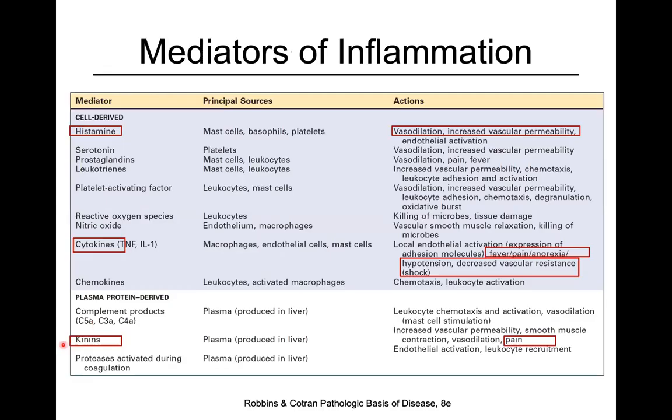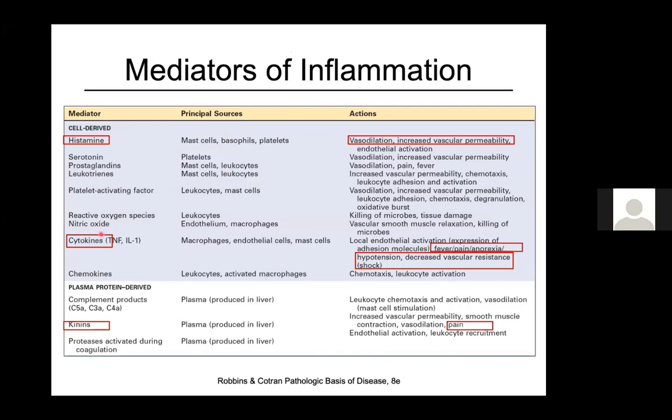So this table was just to show you some of the mediators of inflammation, the cell-derived and the plasma protein-derived ones, and the effects that they have. So let me not talk much about histamine. We'll talk about this in type 1 hypersensitivity. But for example, things like the cytokines cause local endothelial activation, for example, expression of adhesion molecules.